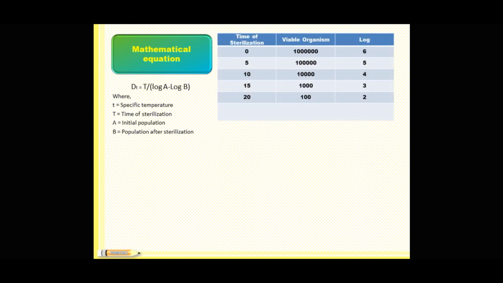Now this is the problem we are solving till now. How do we do the calculation? Dt is equal to T divided by log a minus log b. The initial population is 10 lakhs, sorry, 10 to the power 6. So log of 10 lakhs is 6, and after 20 minutes of sterilization it is 100.